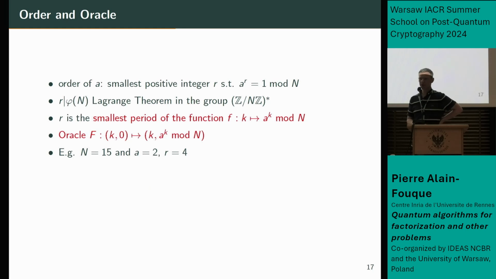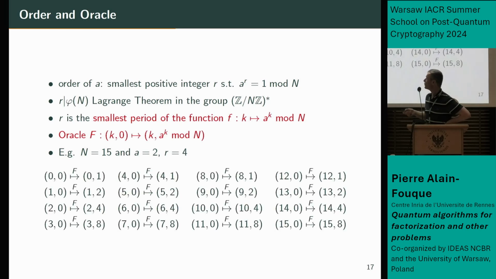So let me go back to our basic fact. Now we have the function f, but it's not, in fact, a bijection. So I will transform this function into an oracle function, and it's exactly the same as before. I just map k to a to the power k mod n. Okay? So this will be my function.